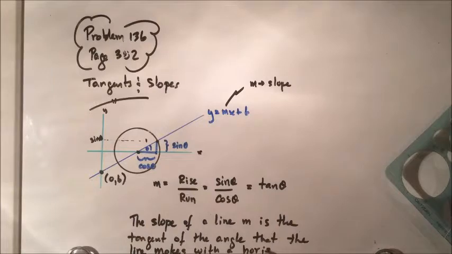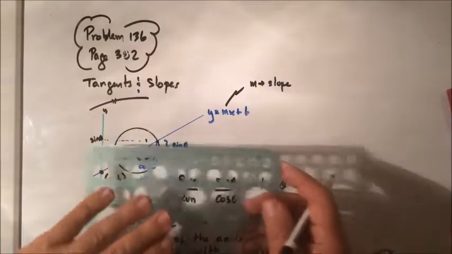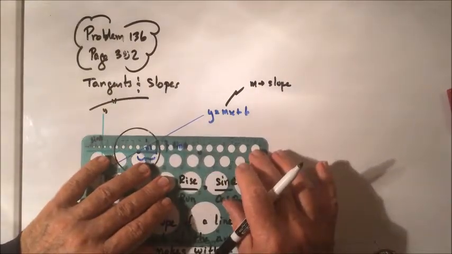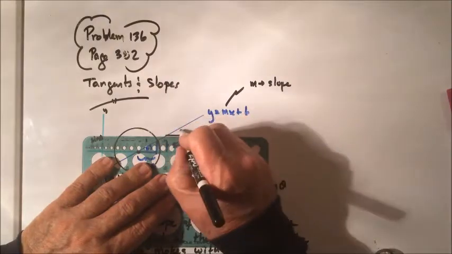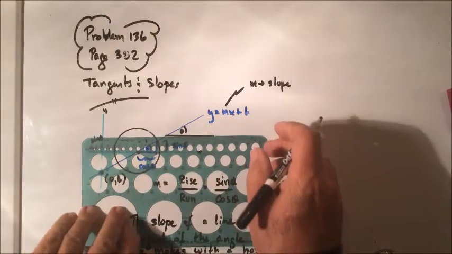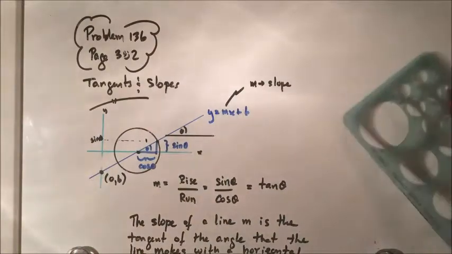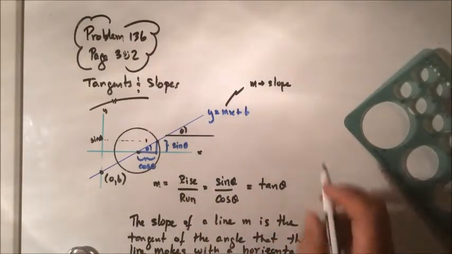I don't know why I seem to always end up here down at the bottom, possibly off the screen. Barely on the screen, I believe. So what it says is take any horizontal. How about this one right here? This is the angle. It's called the angle of inclination of the line, in fact, and the slope is the tangent of that angle.